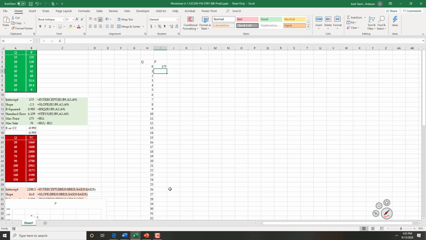Don't forget, this equation is price equal to B0 plus B1Q. That is the equation of the line showing the relationship between P and Q, which we call the demand curve.